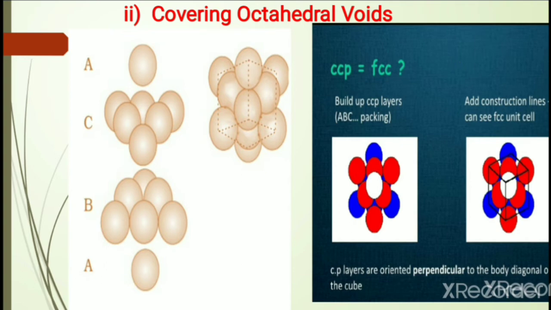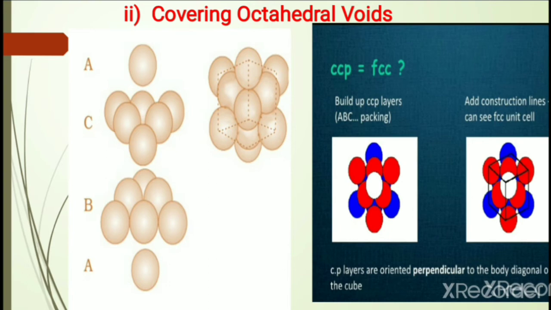Then build the CCP layers like ABC packing. See here, this is a hexagonal close packed structure. Here the void formed in the middle forms a tetrahedral void, and it forms the close packed structures. By adding the construction lines, we can see the FCC unit cell. In the FCC unit cell, there are 8 atoms at the 8 corners of the cube, and 6 atoms present at the 6 faces of the cube.